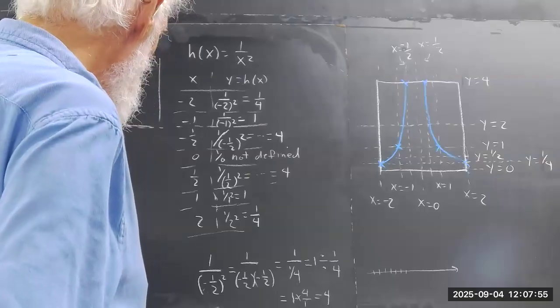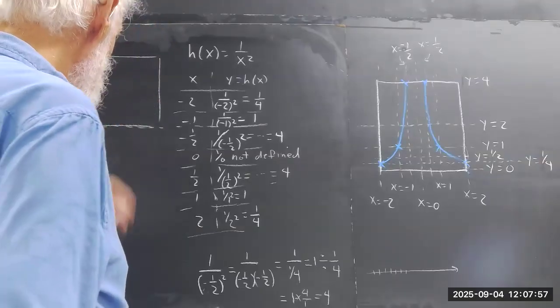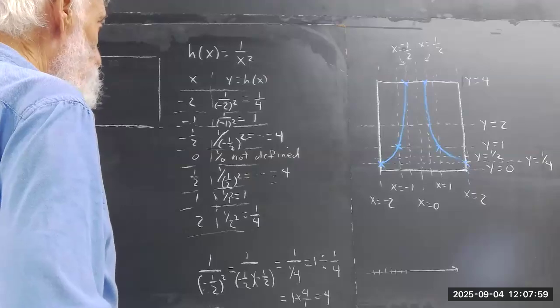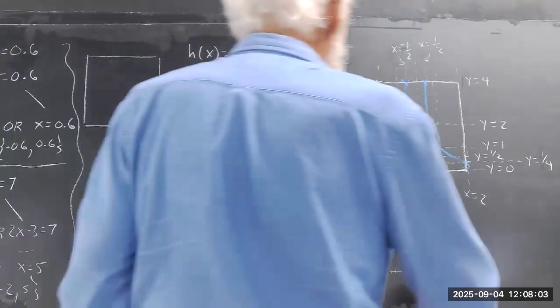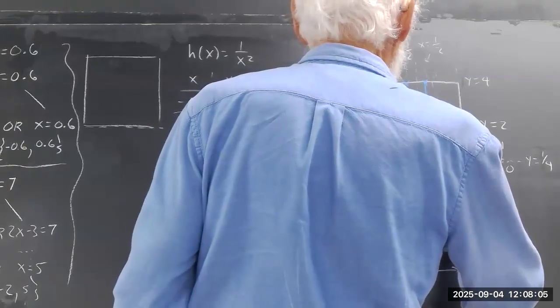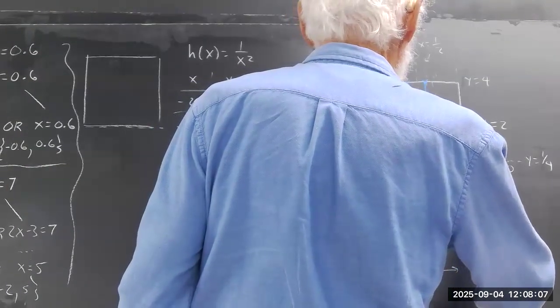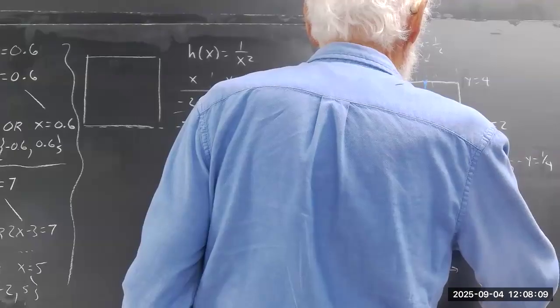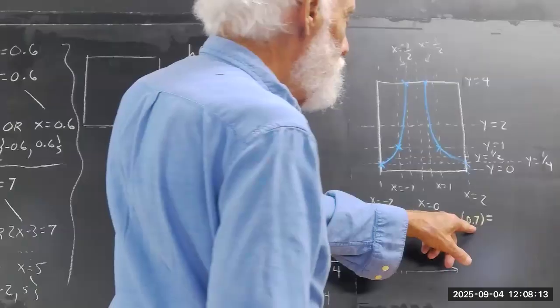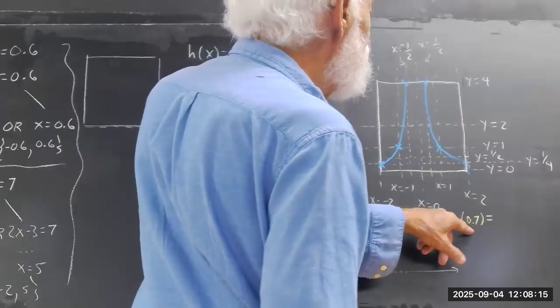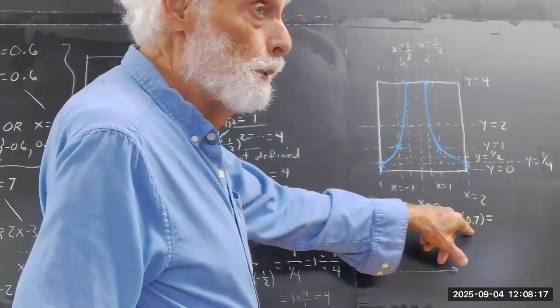Estimate h of 0.7. Okay, so h of 0.7 equals what? Or is x = 0.7? Because you need x = 0.7, right?